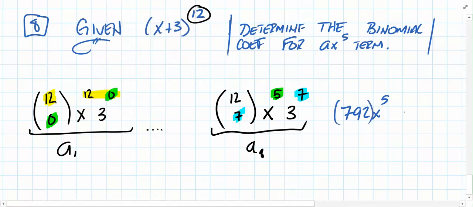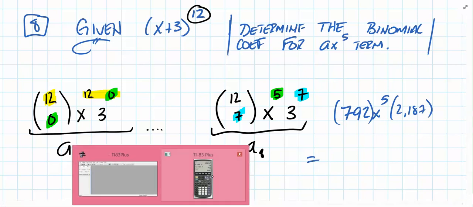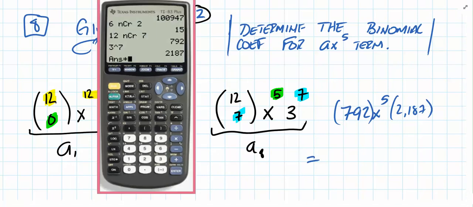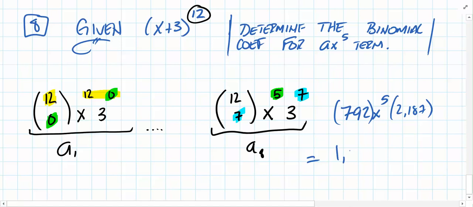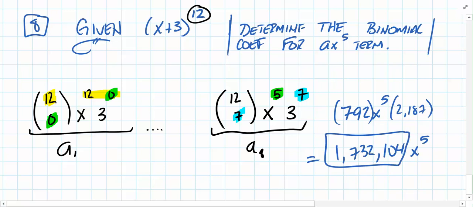So I multiply that by 792. I'm getting 1,732,104 x to the 5th. Therefore, that is the binomial coefficient.